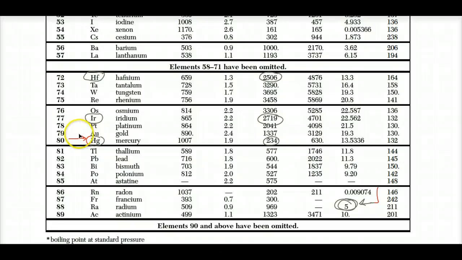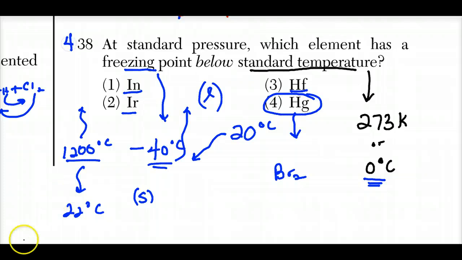It hasn't frozen yet, or I should say it has already melted, if you want to think about it that way. Being that its melting temperature is so low, it's already melted. These guys need a lot of energy to melt. In any case, mercury is your answer. 38 is choice 4.